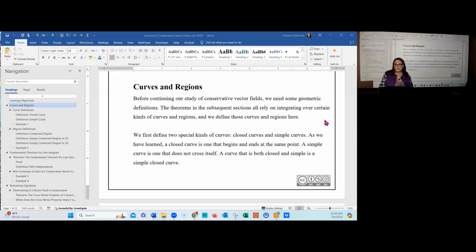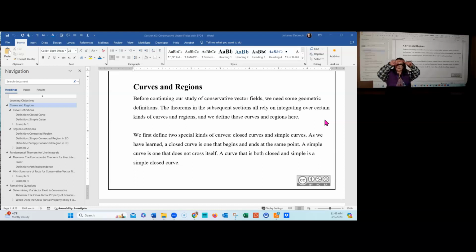In order to continue our study of conservative vector fields, we need to define some types of curves and regions that will feature largely in theorems in the subsequent sections of this chapter. We're going to start with closed curves and simple curves. We've already talked about closed curves before.